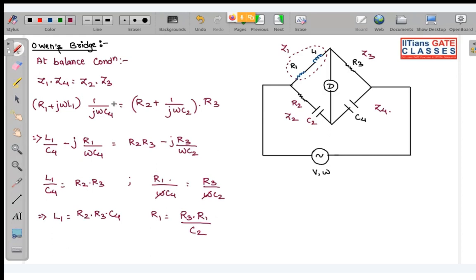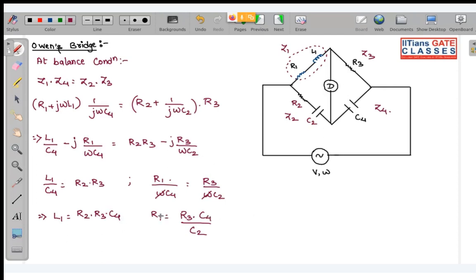Which one? The second equation. Yes, R1 is equal to R3 into C4. Okay.